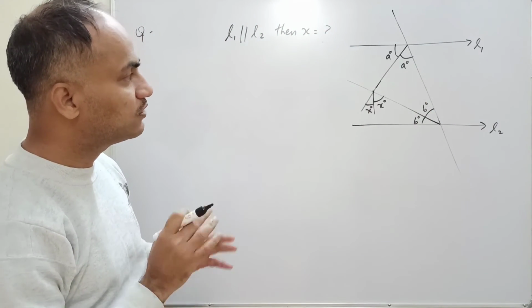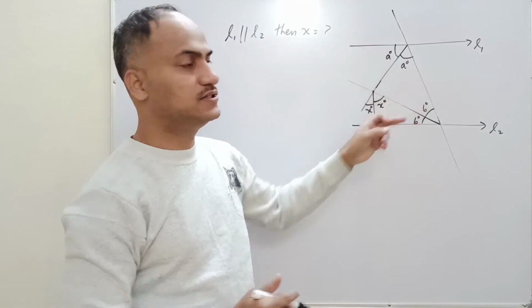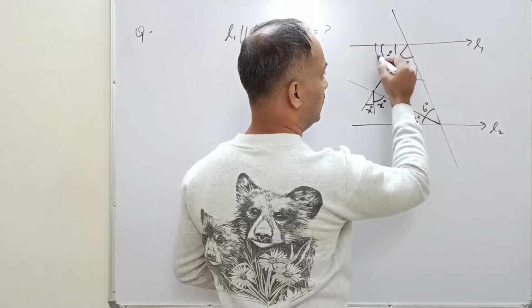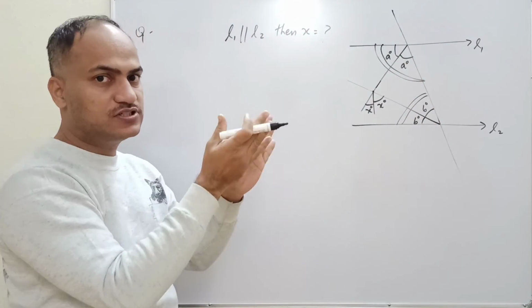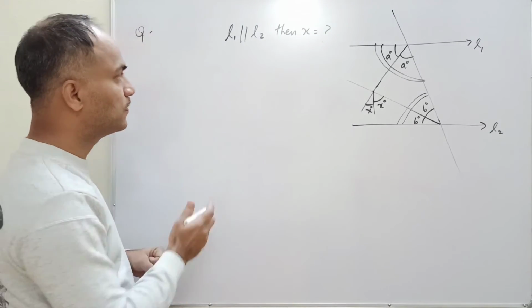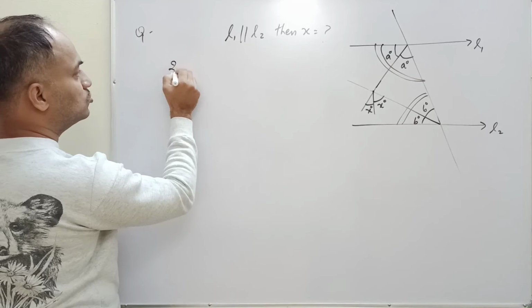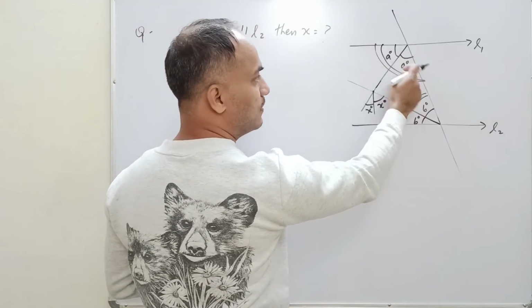Just look at the property. We know the property of allied angles. It means this angle and this angle, when we sum these two angles which are on the same side of the transversal, the sum is 180 degrees. Okay. So angle 2A plus 2B. This entire angle is A plus A, 2A.